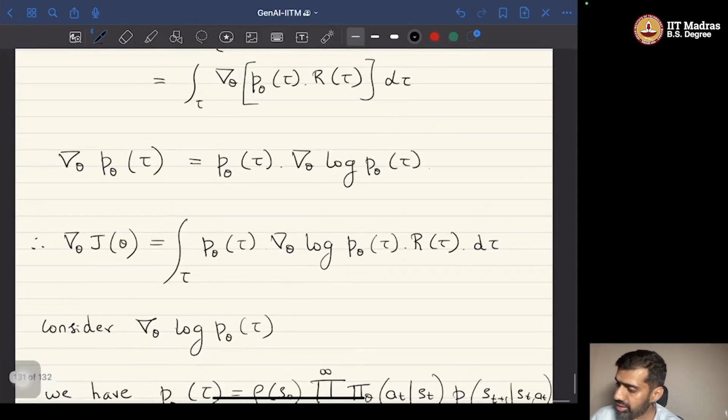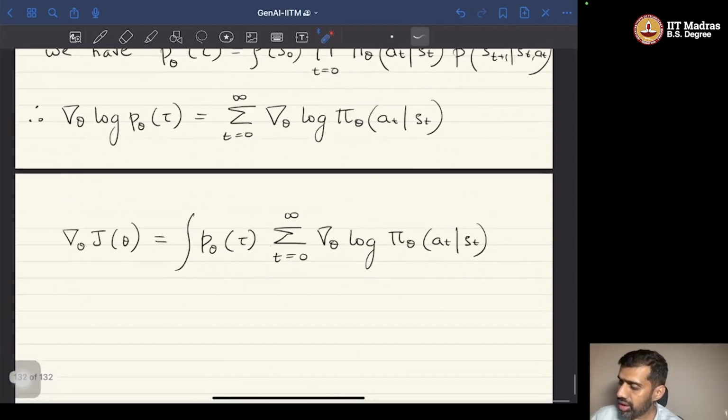I'm just rewriting these terms. There was p theta of tau, and there's the gradient of log of p theta of tau, which we wrote in terms of the policy, and the other term that we have here is R of tau times d tau.